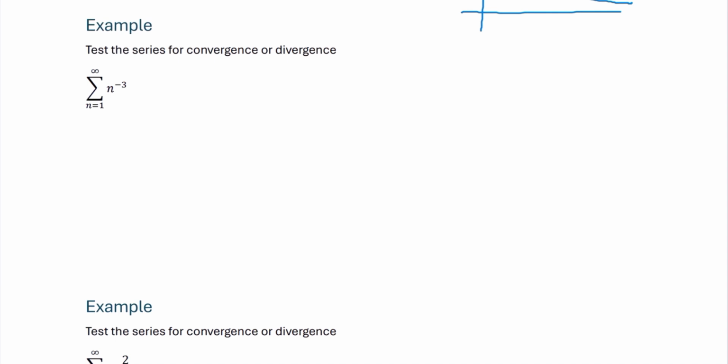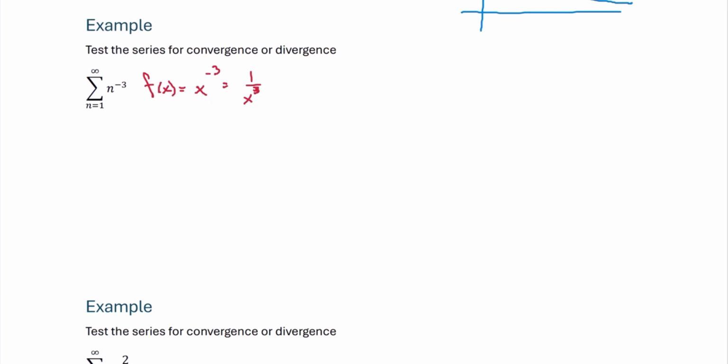For example, we want to test whether or not this series is convergent or divergent. Let's treat f of x as x to the negative 3, or 1 over x cubed. A little bit later in this video, you'll learn that this is a p-series and there's a much faster way to attack this problem.